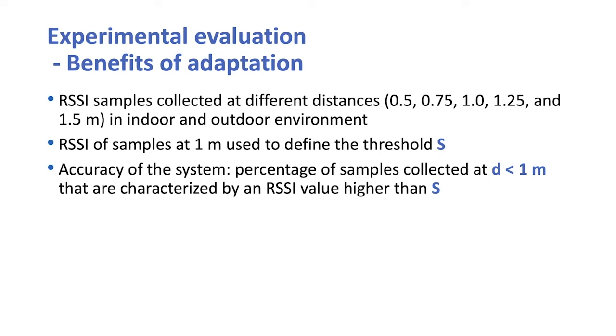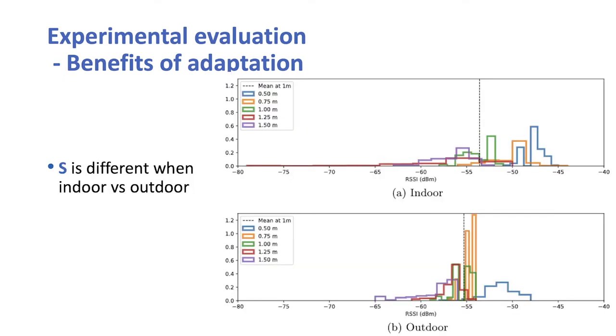And then we evaluated the accuracy of the system, defined as the percentage of samples collected with a distance below 1 meter and samples that were characterized by an RSSI value higher than S, as expected. Here we can see the results both in indoor and outdoor environments.